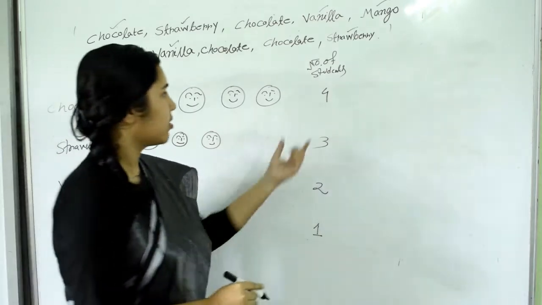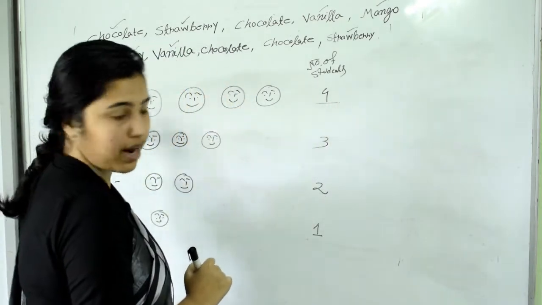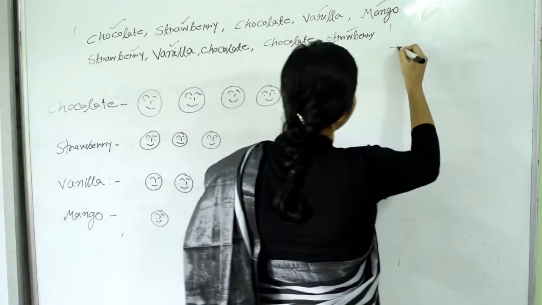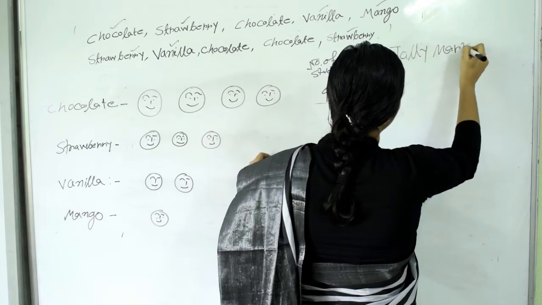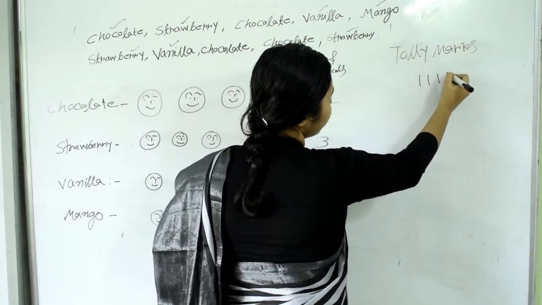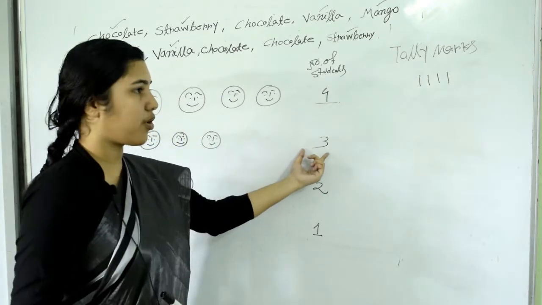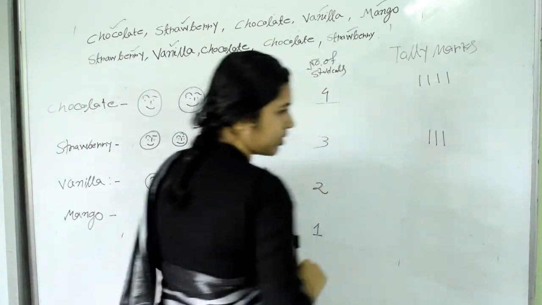So here 4 students like chocolate flavor, right? So we can represent this number by tally marks as 1, 2, 3, 4. Next for the number 3, draw 3 bars.